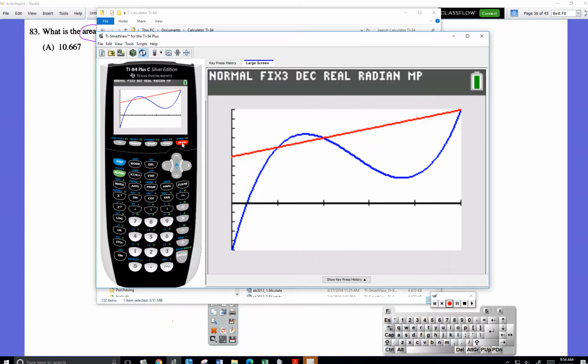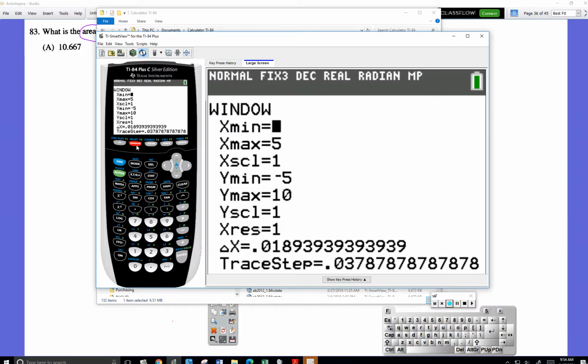I'm like, got it. I'm supposed to find this area and this area. Now I might be a little worried that it maybe crosses again, so I just go a lot bigger to make sure. So I'm going to go window, let's go, I don't know, -5 to maybe 15, just to make sure here.